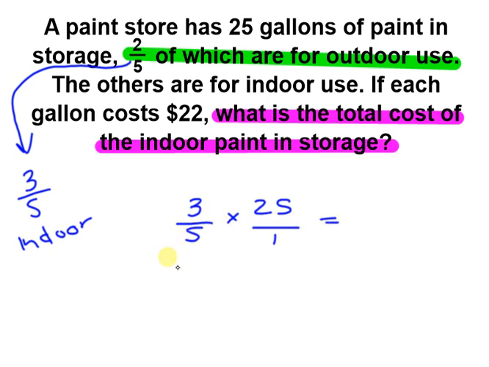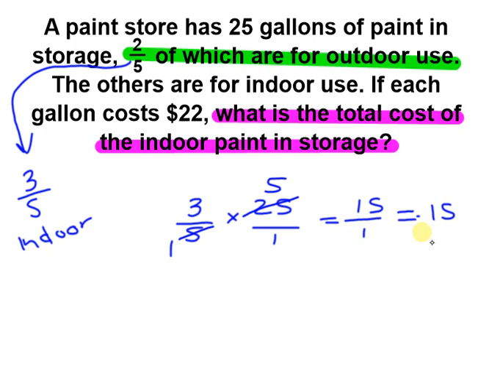Now I'm going to check to see if I can cross cancel here. 3/5, I can't cross cancel. 25/1, I can't cross cancel. 3/1 diagonally, I cannot cross cancel. 25/5, I can cross cancel because 25 goes into 5 times, and 5 goes into 5 1 time. So 3 times 5 is 15, and 1 times 1 is 1, which leaves me with just 15.